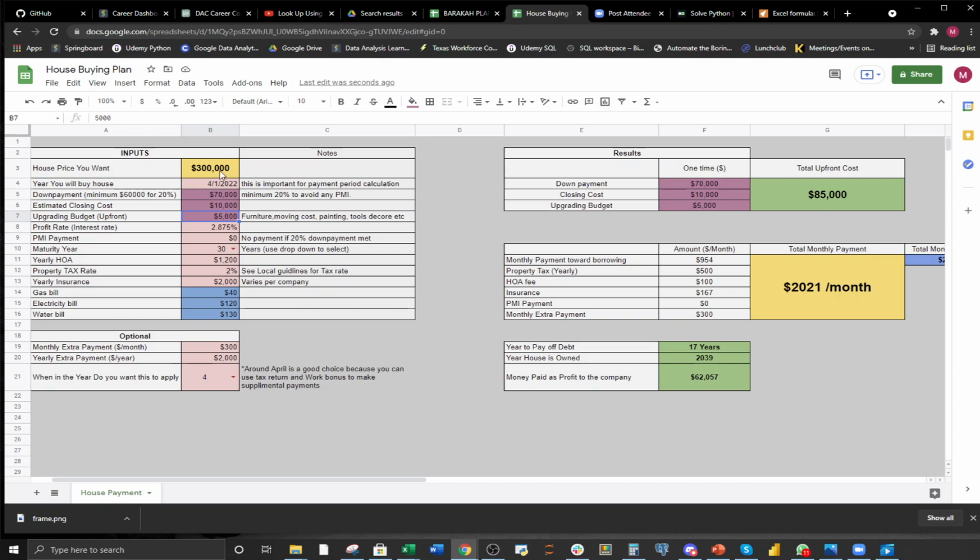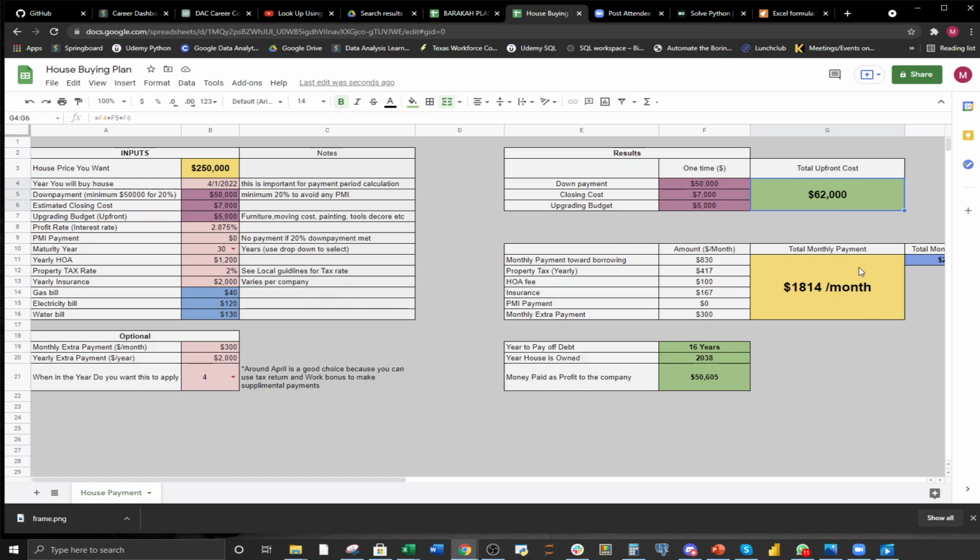So depending on which house, 150,000, let's say, and you only want to pay a 20% down payment, and let's say the closing cost went down to 7,000, in that case the amount that you need to save up is significantly reduced to $62,000.